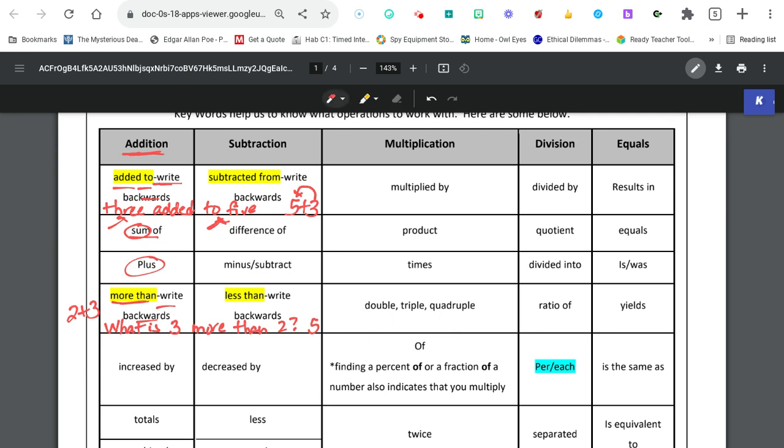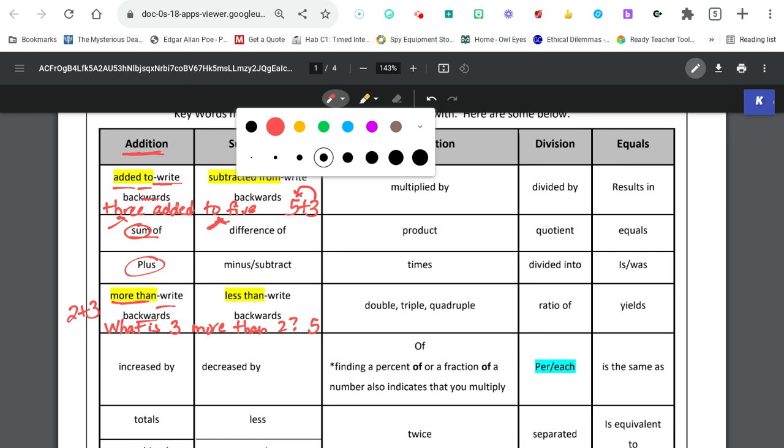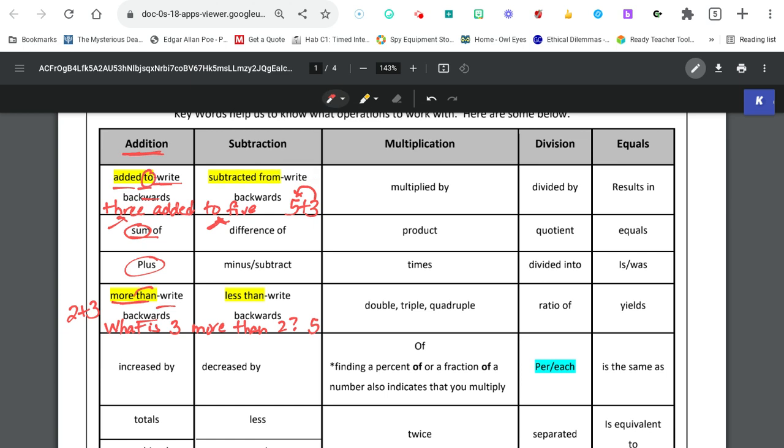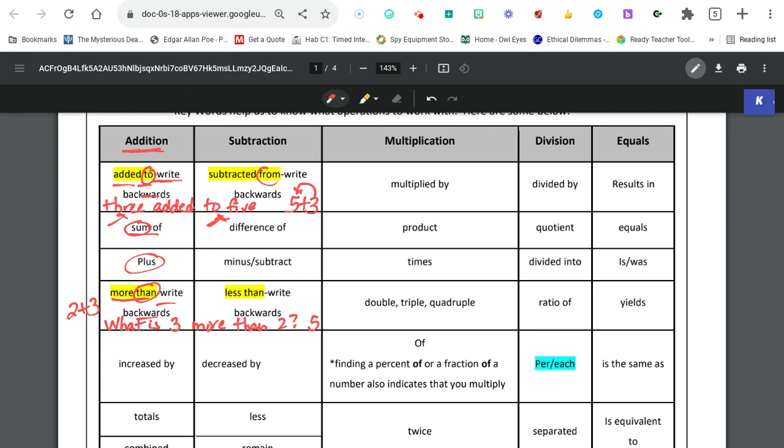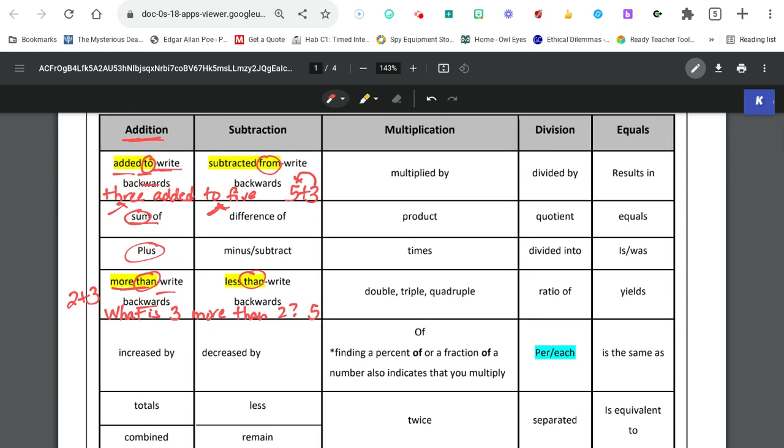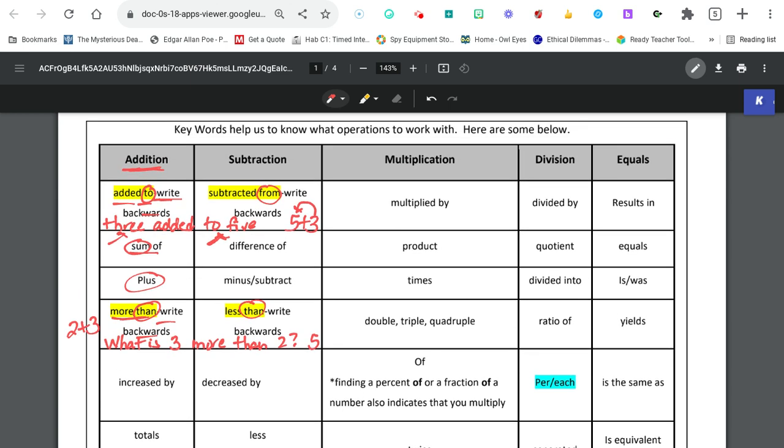I'll just tell you something simple to remember. If you see a to phrase, a than phrase, and I'm also going to put one more in here, from. If you see added to, more than, or subtracted from, or even like less than, it's got than in it. If it has than, to, or from, those are normally the ones we write backwards. We don't write them the way we see them or read them from left to right.